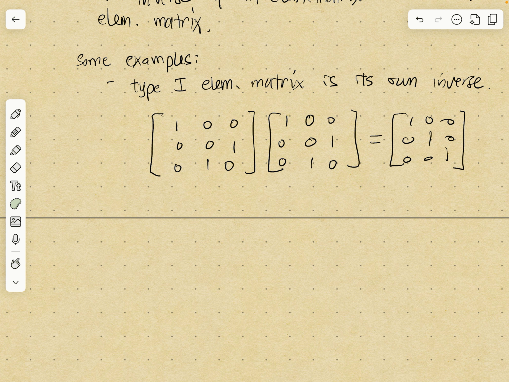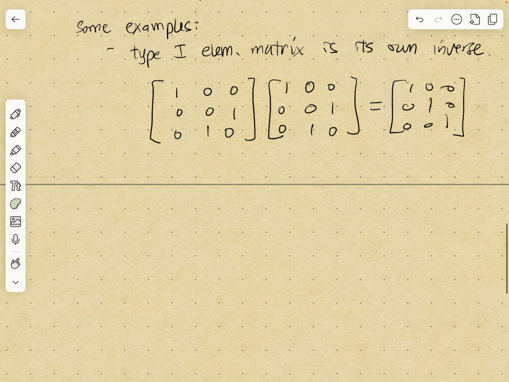And similarly, if you take the third row of the matrix on the left and take the corresponding linear combination of the rows of A, you get 0 times the first row plus 1 times the second row plus 0 of the third row, and that ends up being row 2. So that basically is the explanation for why the theorem is true in the case of a type 1 matrix.